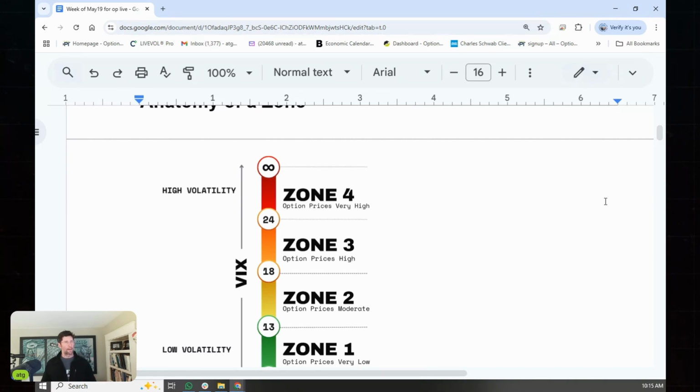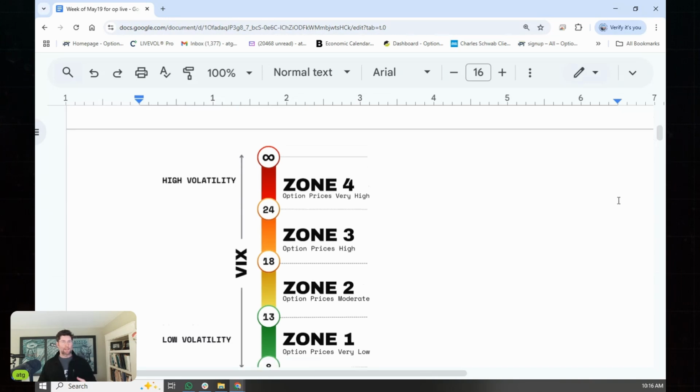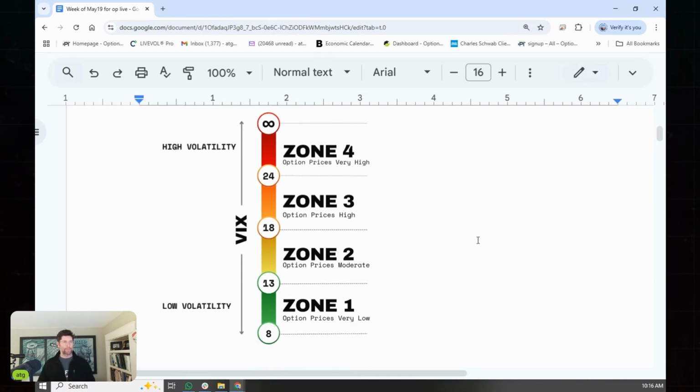Rarely. Maybe once a year, twice a year, maybe. It doesn't do it very often. That's why from a zone concept, basically we spend around 25% of our time in each one of these zones. And right now, we are dead in the middle.